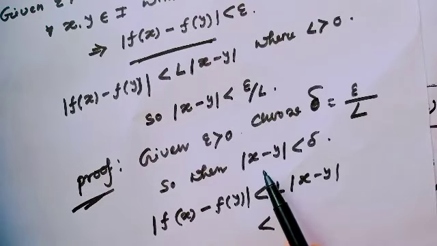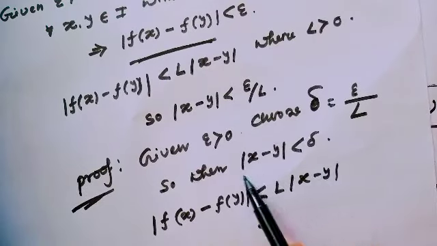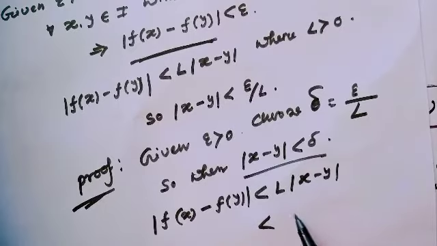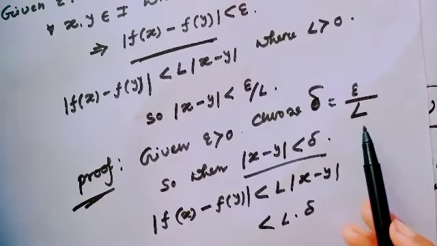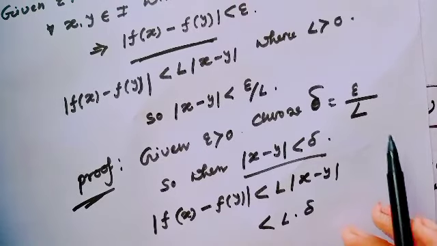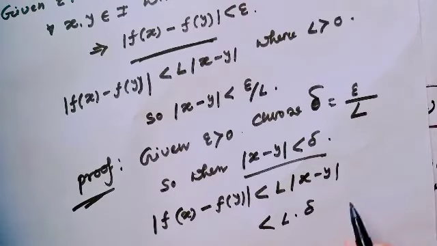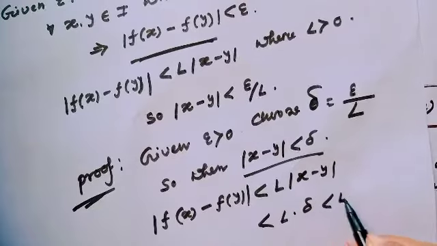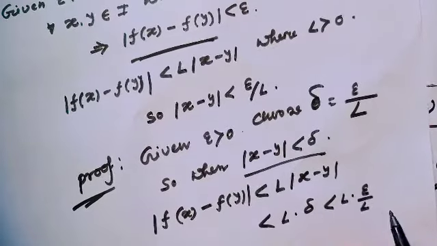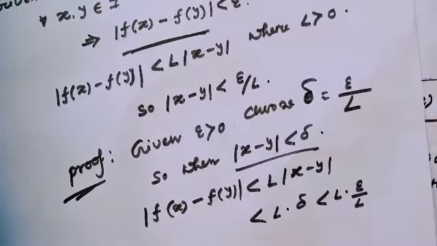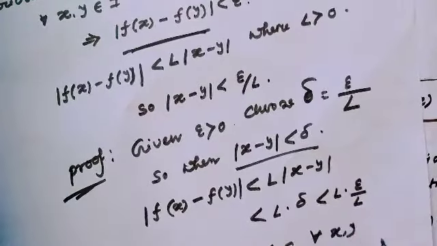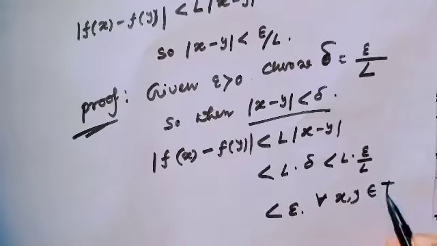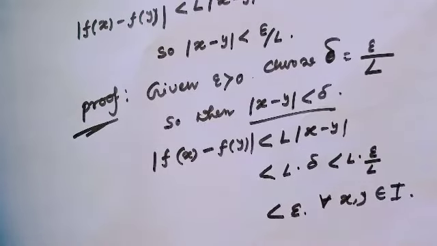And since the absolute value of x minus y is less than delta, and I have chosen delta equal to epsilon over L, this is less than L times epsilon over L, which is always less than epsilon for all x, y belonging to I. So our proof is done.